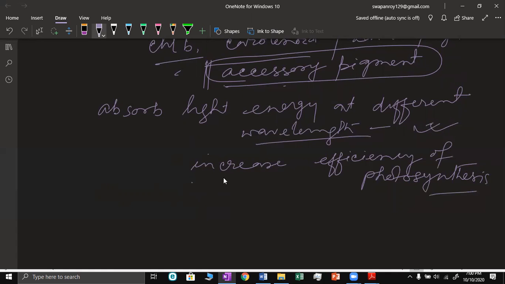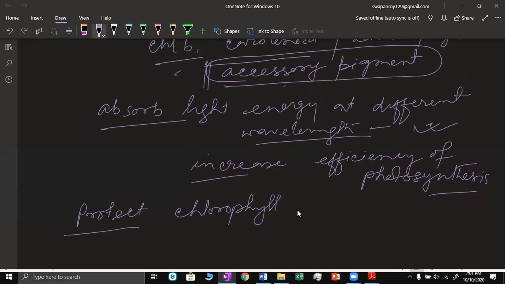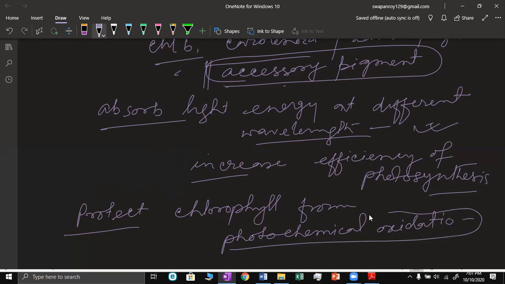Also, these accessory pigments protect chlorophyll from photochemical oxidation, because strong light can destroy the chlorophyll A molecule.